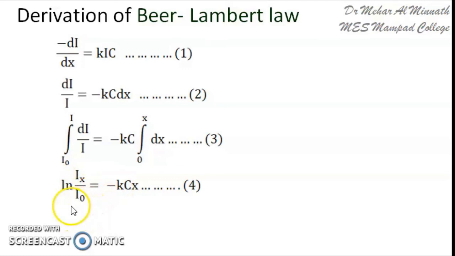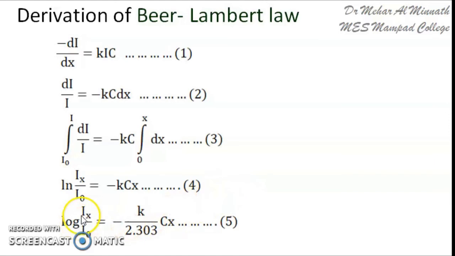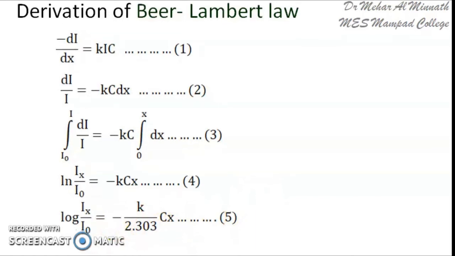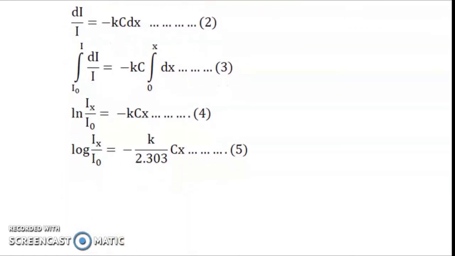I0 is the intensity of the incident light, Ix is the intensity of the light which comes out after passing through a distance x. Taking log, you get log Ix by I0 equal to minus K by 2.303 Cx. Put it as equation 5.